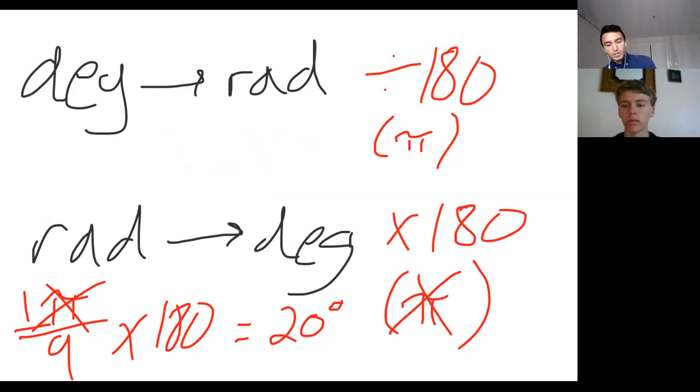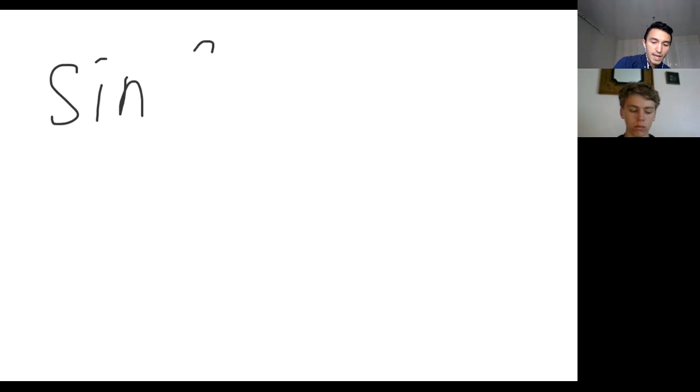That's the first part. And then this is literally the whole point of the unit circle. So you copied the unit circle in your notes. I would also copy this down, which is the whole point of the unit circle. It's just trying to show you that if you take the sine of anything, it's always going to equal the y value.